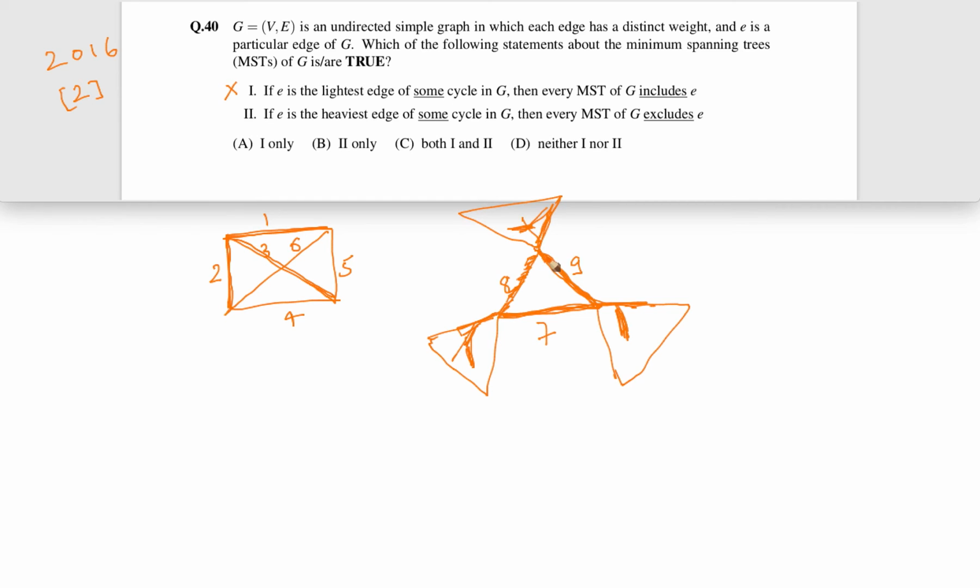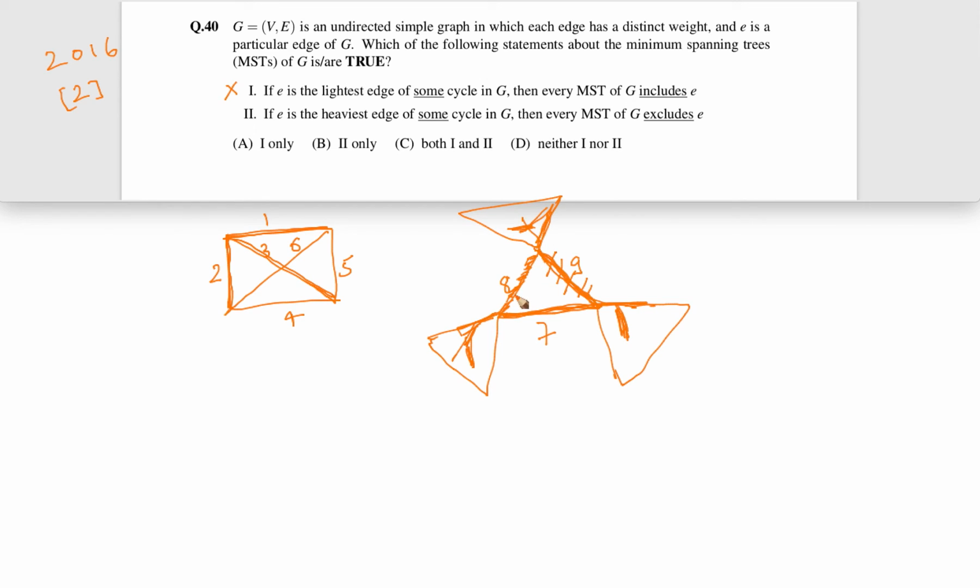Now this edge, which has the highest weight, if we remove it from the MST, then the addition of a new edge created a loop, and we can come back to a tree when we remove this edge. Once we remove this edge, we know that the rest of the structure is again a tree.